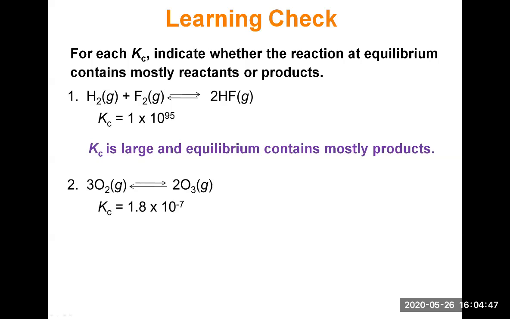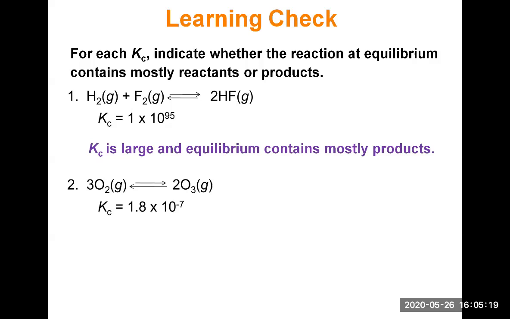Second example of reaction: it's the reaction that is making ozone from 3 molecules of oxygen in their gas phase, in equilibrium with 2 molecules of ozone, O3, in their gas phase. The equilibrium constant has a value of 1.8 times 10 to the negative 7. Times 10 to the negative 7 means you divide 1.8 by 10, 7 times.